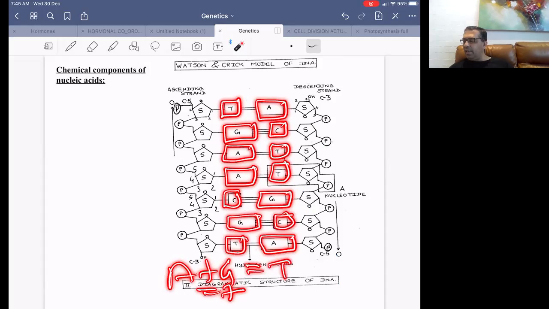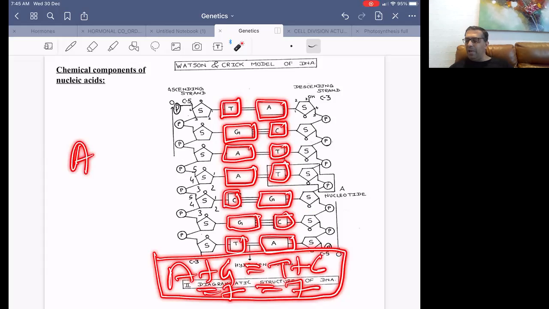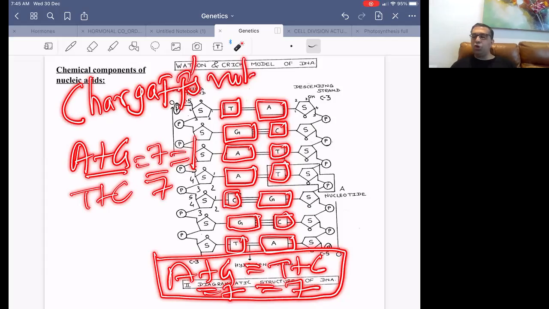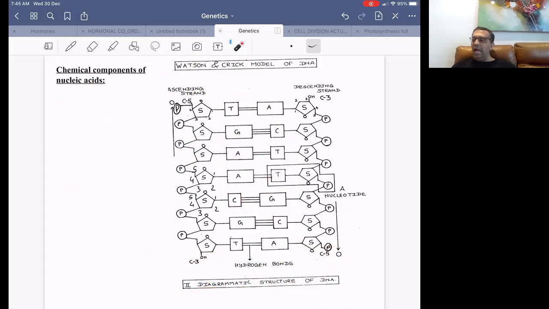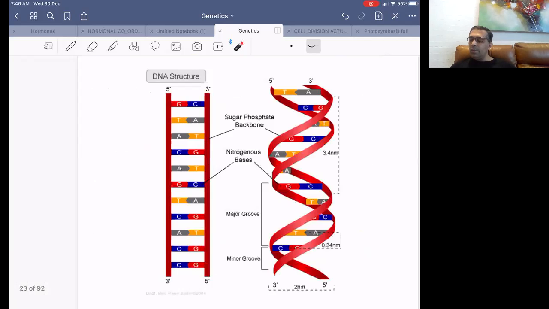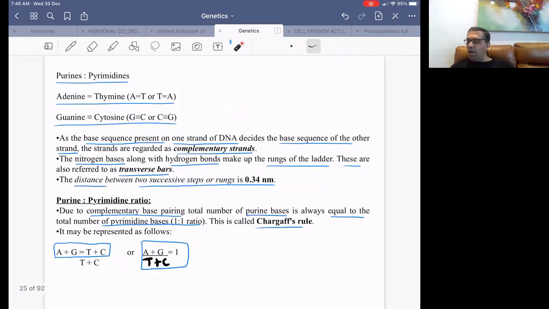T plus C is 7. So A plus G equals T plus C, or A plus G upon T plus C is 7 upon 7, always equal to 1. This is Chargaff's rule: the purine pyrimidine ratio is constant and always equal to 1.